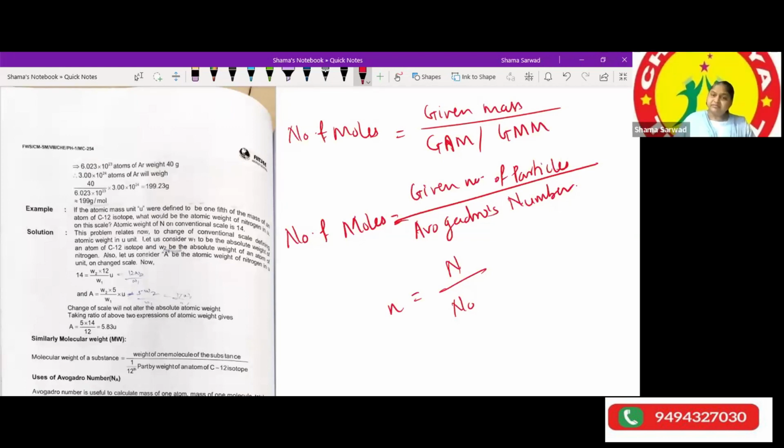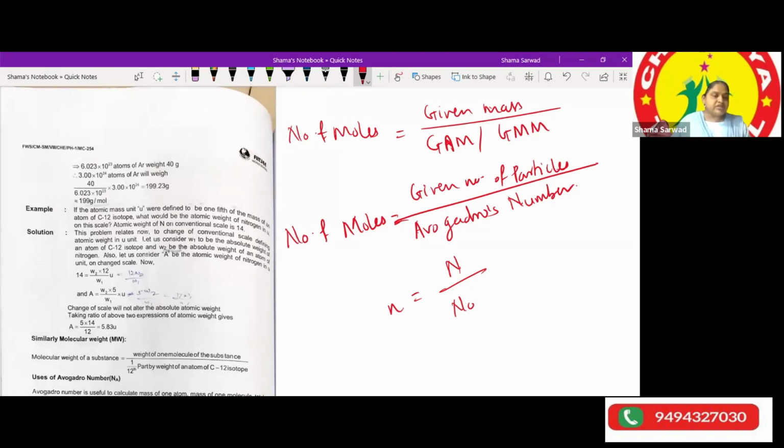So if any two of these three are given, for example if gram molar mass is given, sometimes they won't give gram molar mass, they'll just give you atomic masses, and you need to calculate it. Number of moles would be given, and you can calculate the given mass. Sometimes they will give you just the particles and ask you the number of moles.